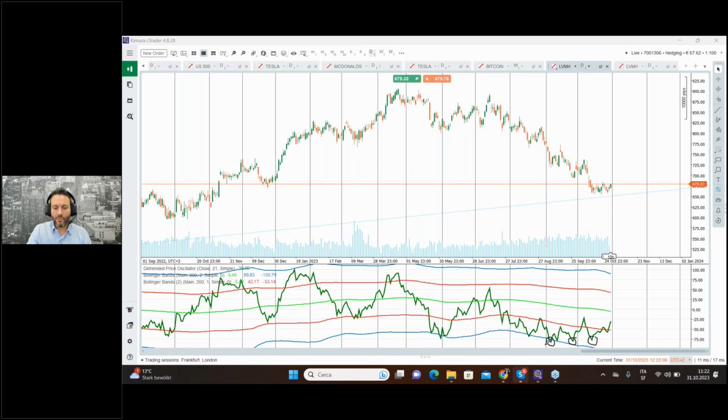And here we see that we have a very important divergence. The last three lows have been marked. Prices have been marked with rising lows on the indicator, which makes us understand that potentially here we are dealing with a stock that is reversing.